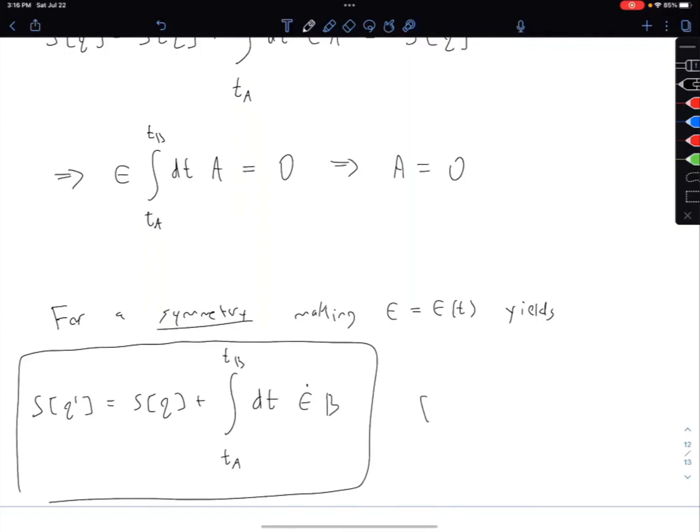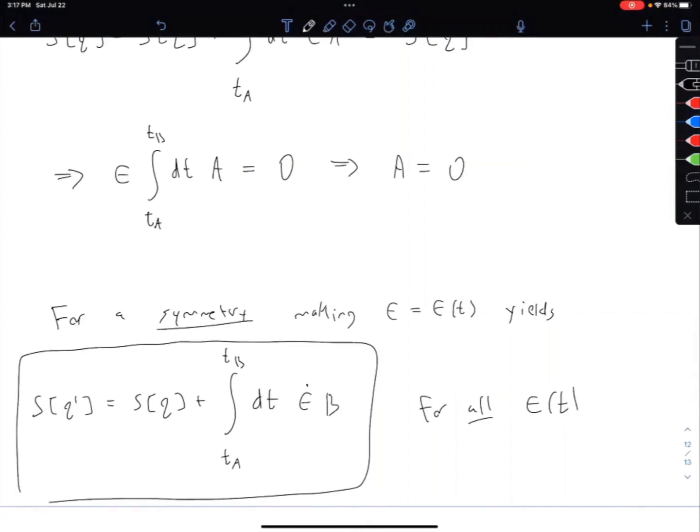And this is true for all epsilon of t. Does everyone follow so far? Are there any questions? Okay, it doesn't look like there's any questions, so I'm just going to go on.